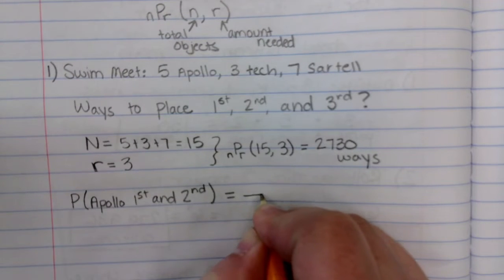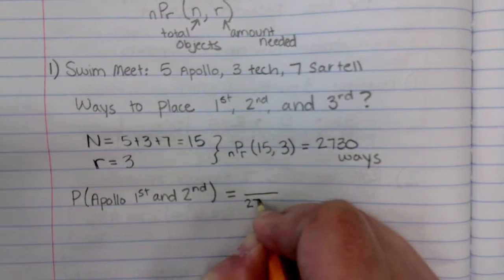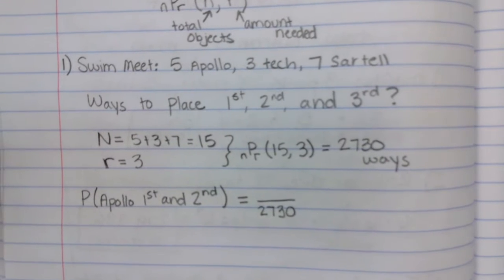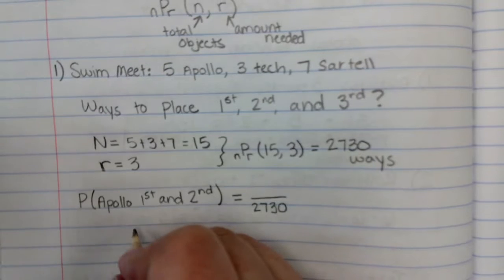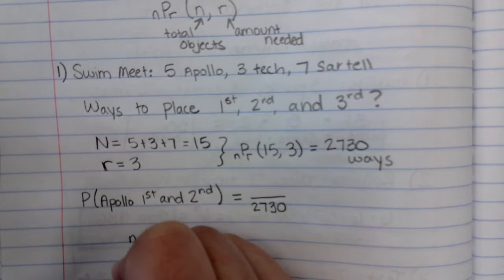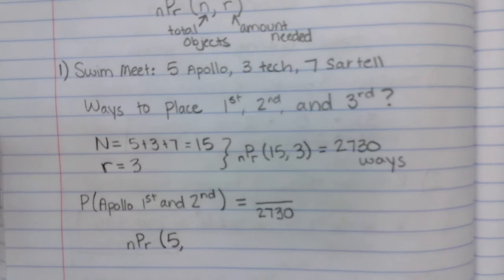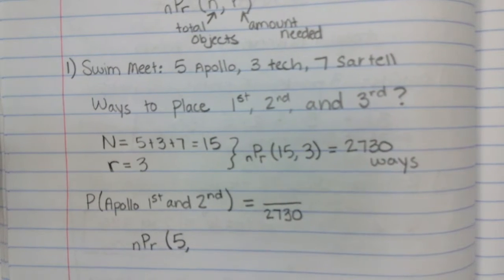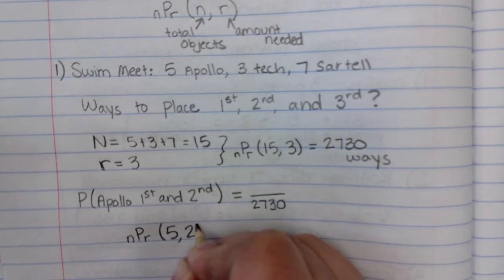For Apollo, how many Apollo swimmers are there to choose from? 5. So we're going to do NPR. And how many places are we wanting for those Apollo swimmers? 2. So 5, choose 2. Since I already have this NPR here, I'm just going to delete it because that's easier. So NPR 5, choose 2. And we get 20.